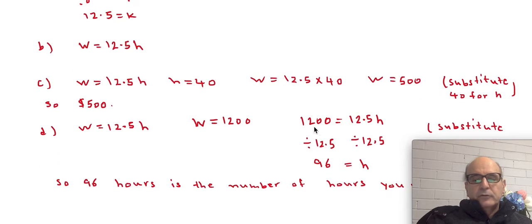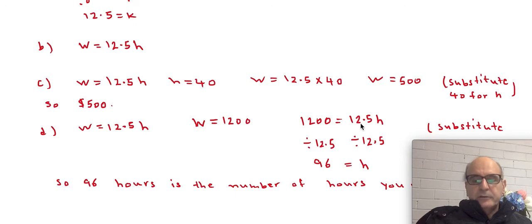So I'm going to write 1,200 equals 12.5 H. So in this equation, we replace W with 1,200 because W is wage and we want the wage to be 1,200.